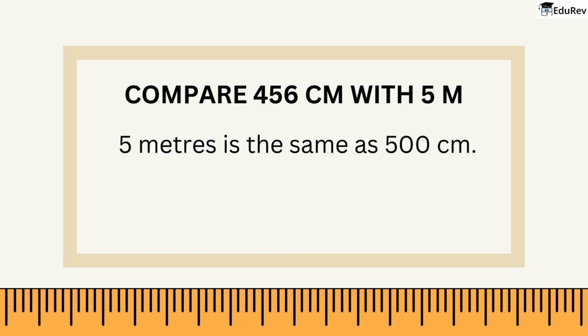We know that 5 meters is the same as 500 centimeters. So, what's the answer? Is 456 centimeters less than 500 centimeters or is 456 centimeters greater than 500 centimeters? Yes, you're right. 456 centimeters is less than 500 centimeters.